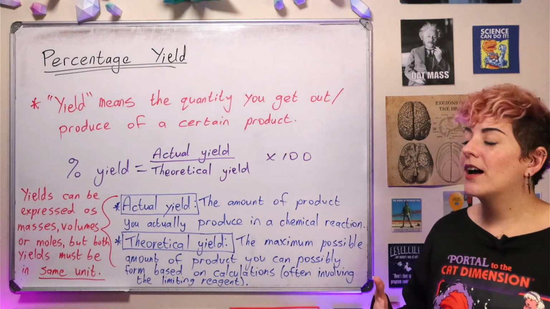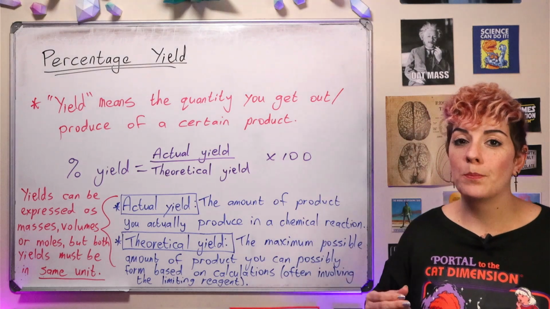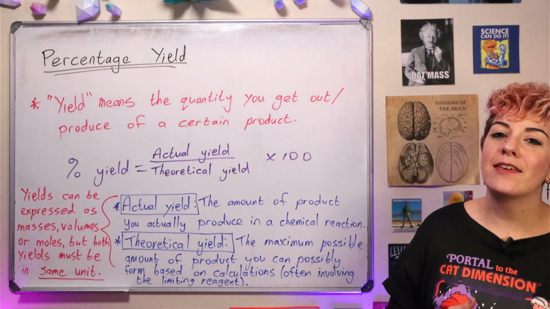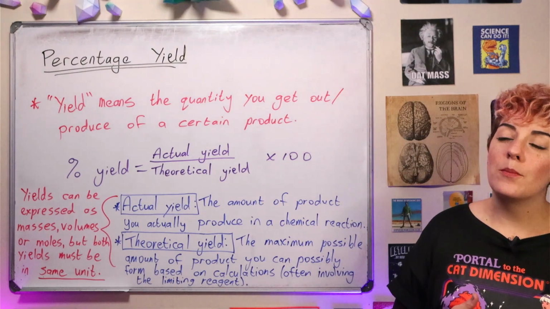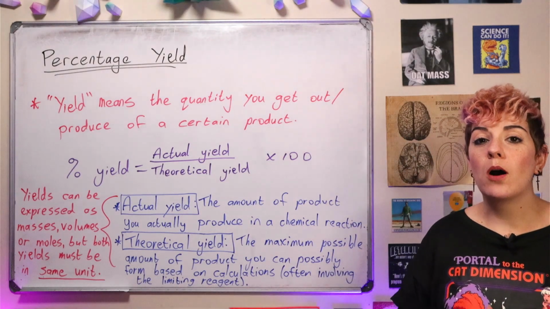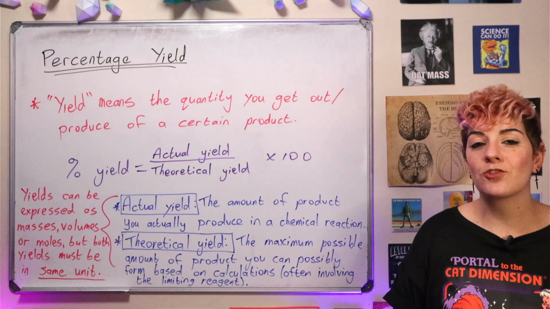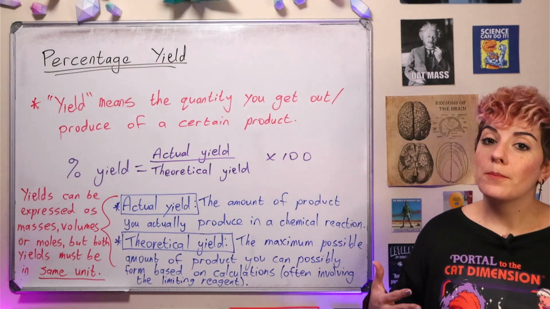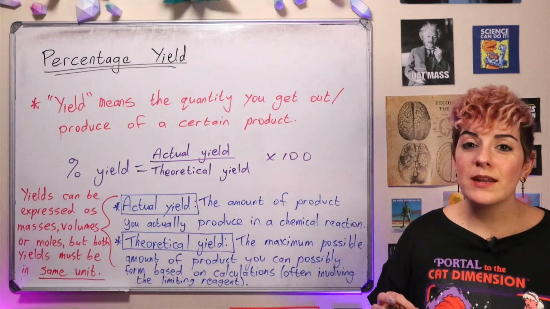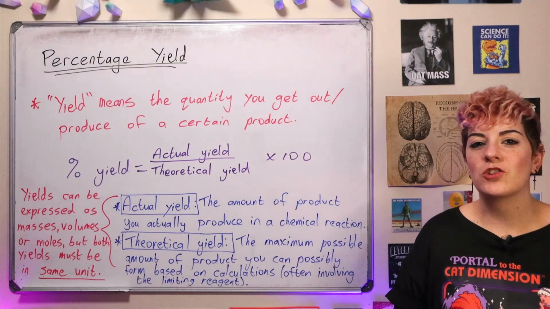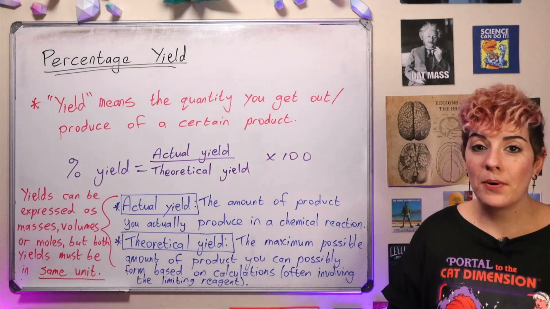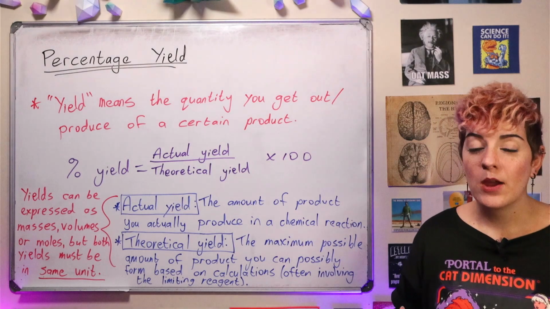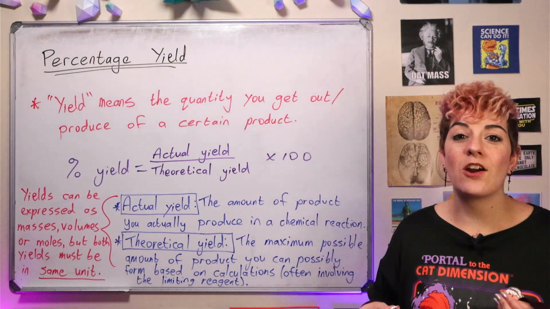Now, you get two types of yields that we will eventually put together in our formula. You get an actual yield and a theoretical yield. Maybe as a chemist, you are planning to do a certain chemical reaction and make a certain product. So you do very meticulous, careful calculations to find out the maximum possible quantity of a certain product in the chemical reaction based on a certain quantity of reactants.